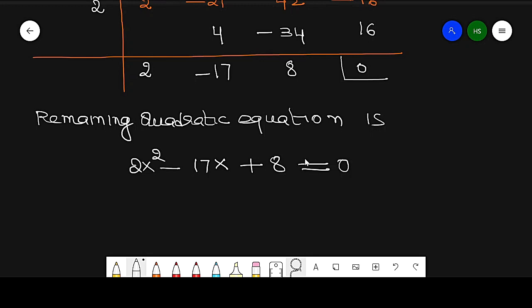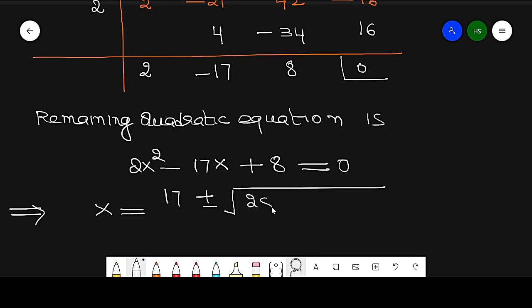This is the remaining quadratic equation, and we can find the two roots from it. So it implies x is equal to 17 plus minus the square root of b square minus 4ac, where b square is minus 17 raised to power 2.